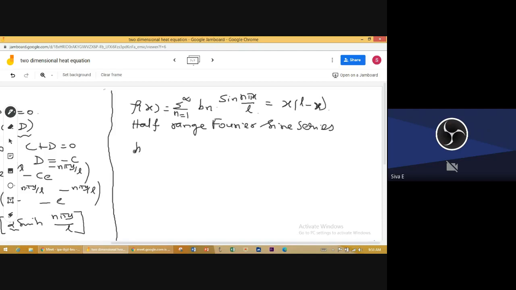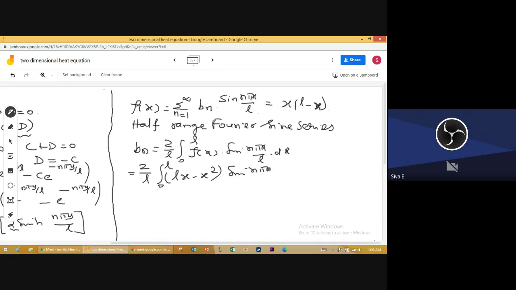So what is Bn here? Bn equal to 2 by l integral from 0 to l f of x sin n pi x by l dx, that is 2 by l integral from 0 to l. f of x is what? lx minus x square, sin n pi x by l dx.